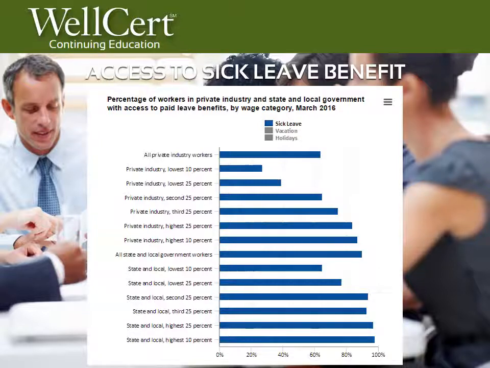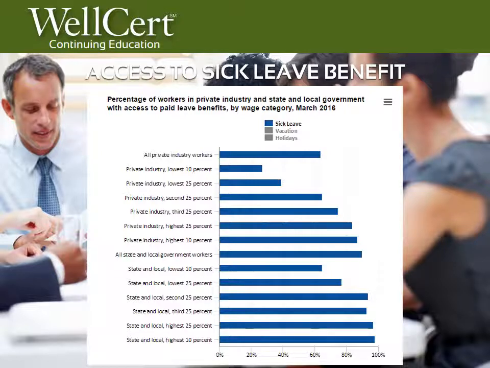So if you look at the first line, all private industry workers, it shows that about 64%, 65% of employers in the private sector offer a dedicated sick leave arrangement. So that's a higher number than the ones we're quoting, but that's also in the context of including all types of employers, which broadens the categories considerably.